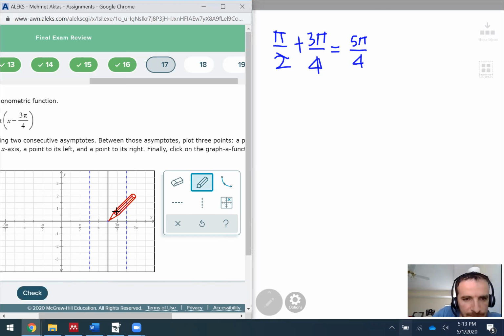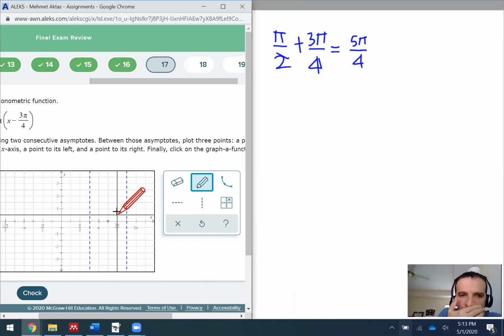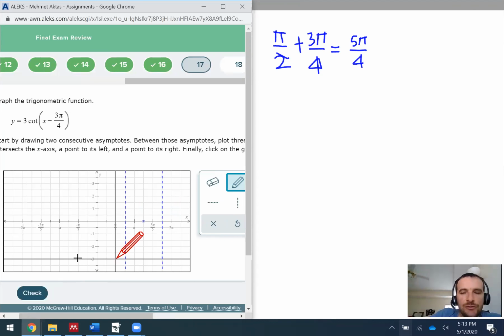Okay. And we have to put another point to the left and to the right. And we know that cotangent pi over 4 is 1, right? But we are going to shift 3 pi over 4 units to the right.